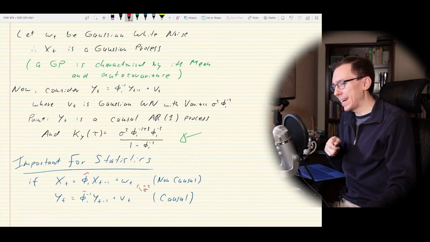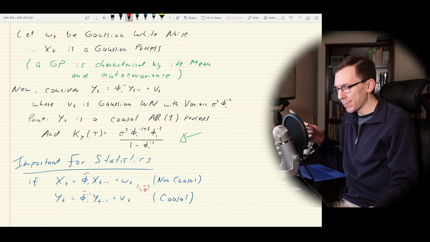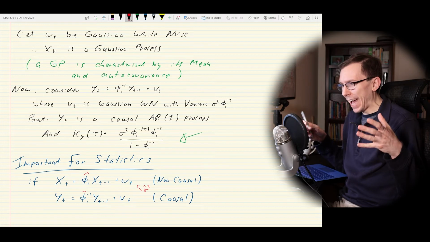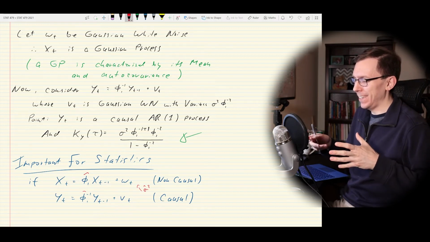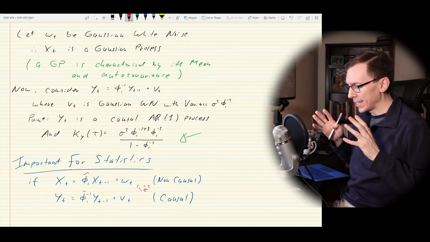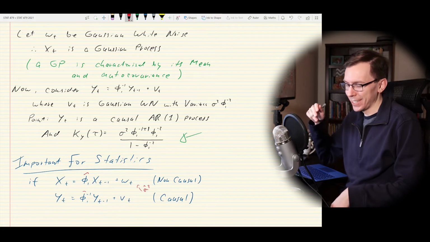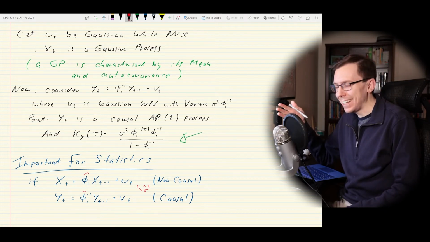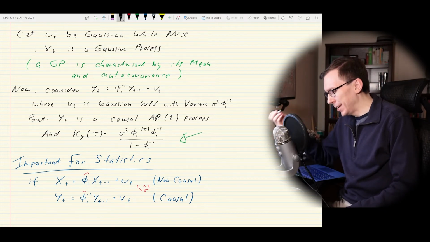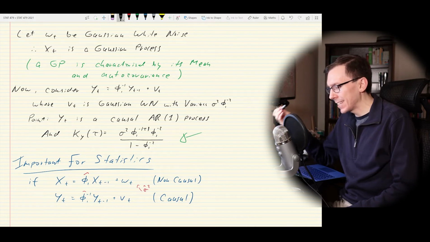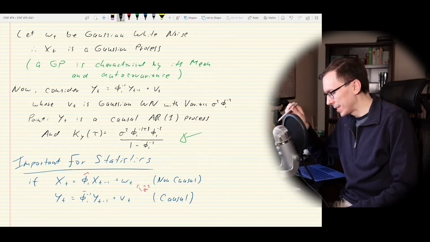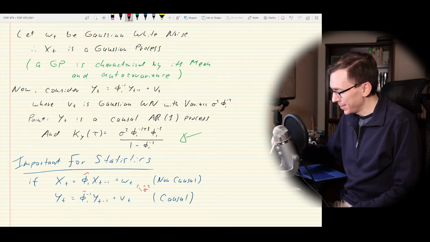That's called identifiability, right? In statistics, we want to make sure that if we have data and we have a model, only one model is going to represent that data in some sense. Here we would have two models that are exactly equivalent in every way, except that one's causal and one's non-causal. So what do we do?